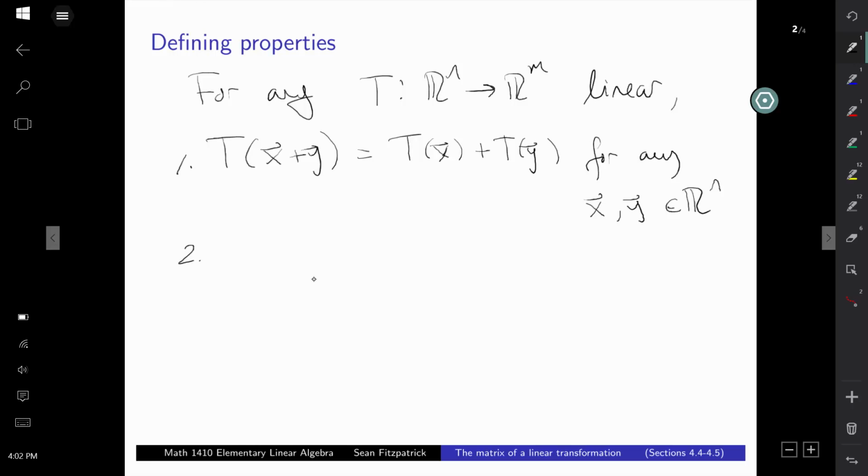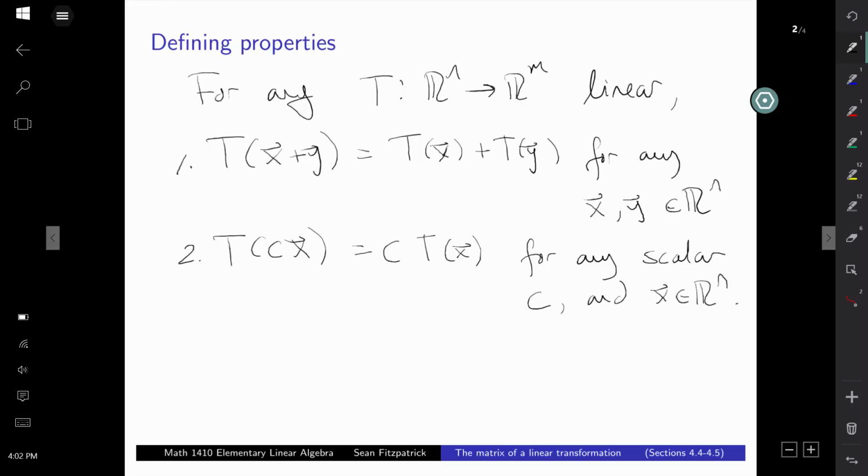And 2, if I have any scalar c and vector x, I can pull the scalar out: T of cx equals c times T of x. Okay, and this is true for any scalar c and any vector x in Rn.